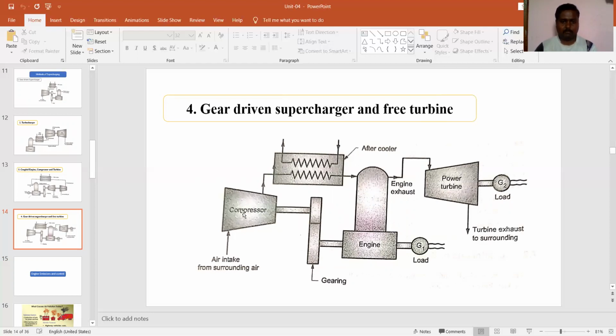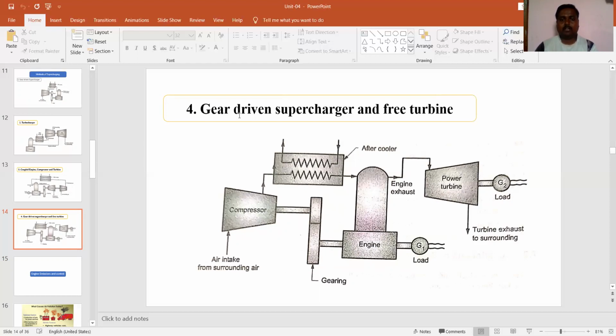The power for the compressor is supplied from this gearing mechanism, meaning the engine output power is supplied to the compressor through this gear mechanism. The compressor or supercharger increases the pressure of air, and the high pressurized air is supplied to the intercooler. Here the temperature reduces, and this low temperature high pressurized air or air fuel mixture is supplied to the engine cylinder.